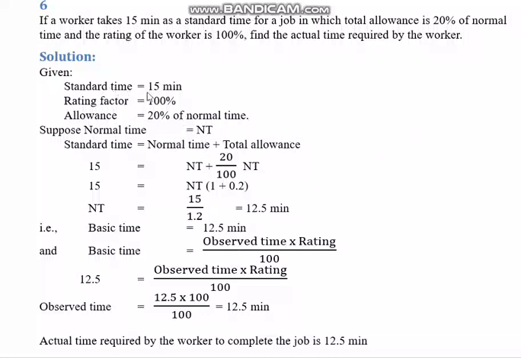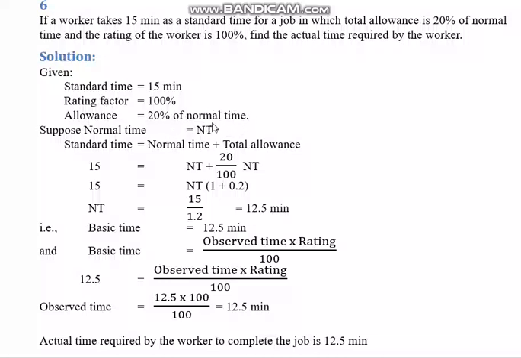That's all. You can easily do this, it is simple mathematics. The standard time is 15 minutes, the performance rating is 100. So now the rating is nothing, 100 upon 100 is 1. That means the observed time and basic time will be the same if it is 100% rating. Now the allowance is 20% of the normal time, the basic time.